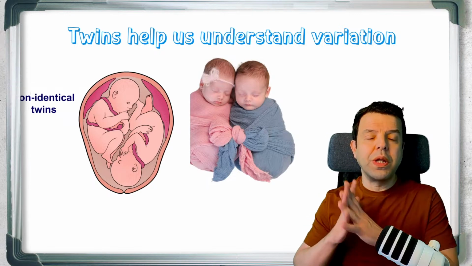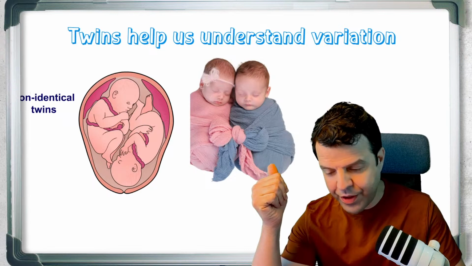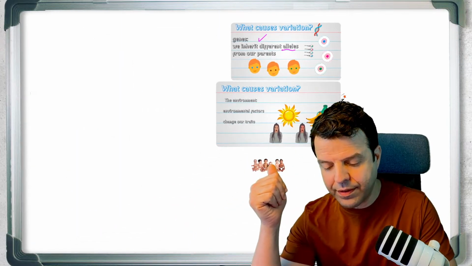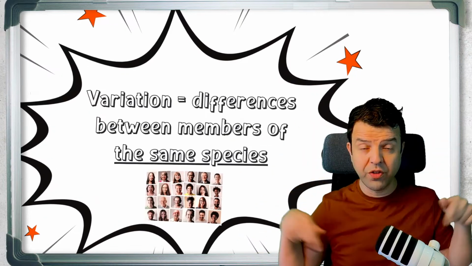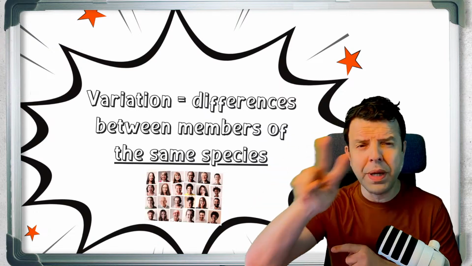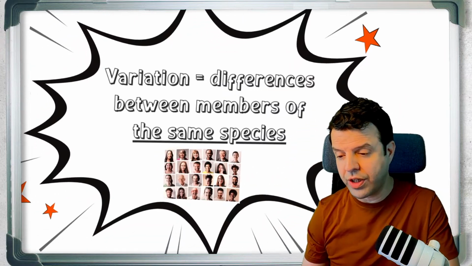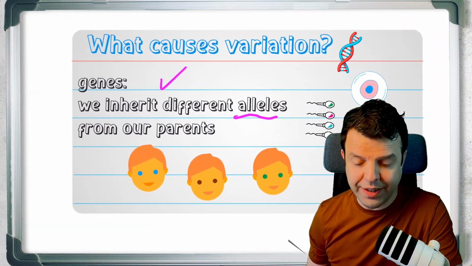All right, let's do a quick recap on what we've learned today. We first learned the definition of variation. We said it's all differences among members of one species like us. And we said that there are two major causes of variation, which are the environment and your genes.